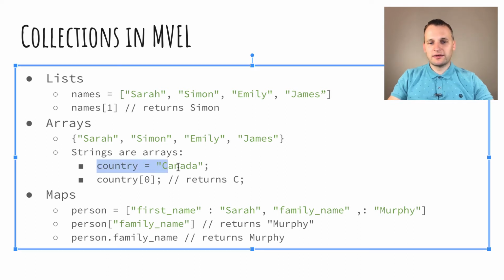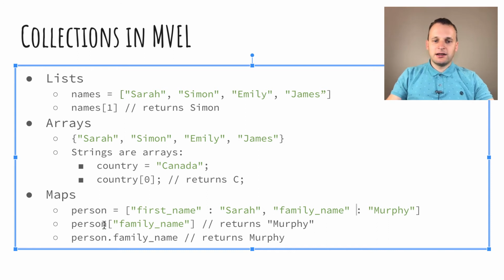So if you have a string Canada and you want to take the first element out, this is C. And a map, you can declare a map with key colon value, comma, key colon value. And if you want access, it's similar to Java, but if the key is a string, you can also use a dot. They are equal with each other.